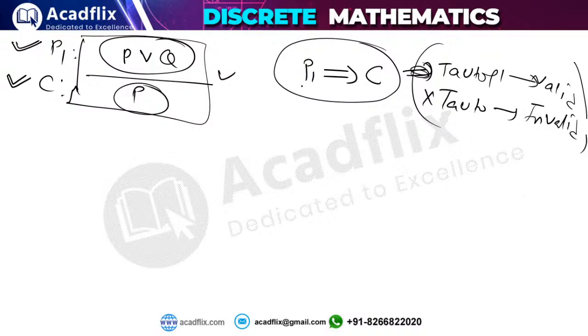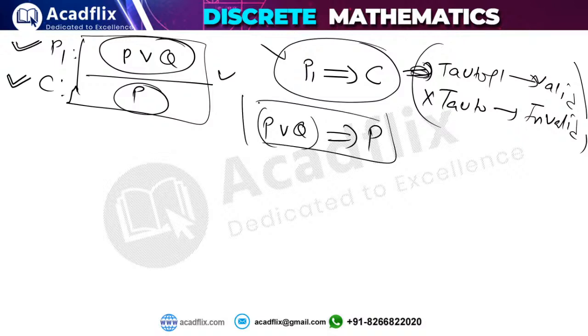So first you make this formula P1 implies C. What is P1? P1 is P or Q. What is C? C is P. So P or Q implies P. Now let's try to find whether this formula is a tautology or not. You just convert this formula.